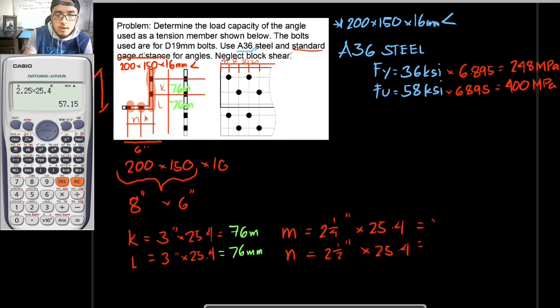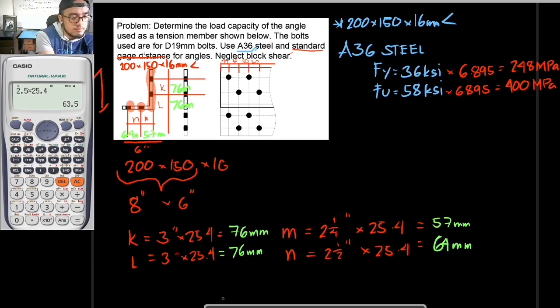So, this is to be 57 millimeters. As for the second one, 2.5 times 25.4, our answer here would be 63.5 millimeters. So rounding it off to the nearest whole number, that is to be 64 millimeters. So this is to be 57 millimeters and 64 millimeters respectively.